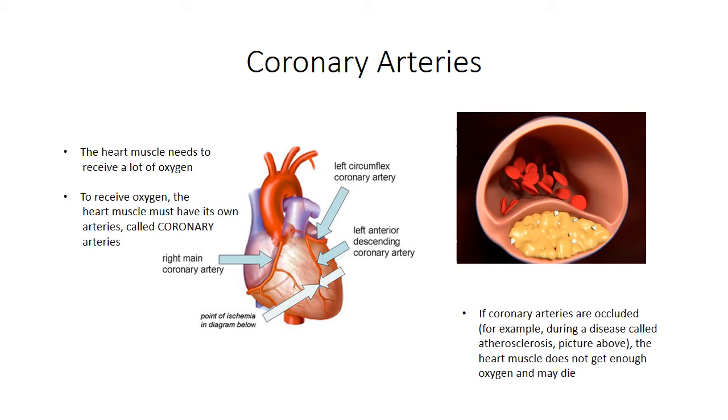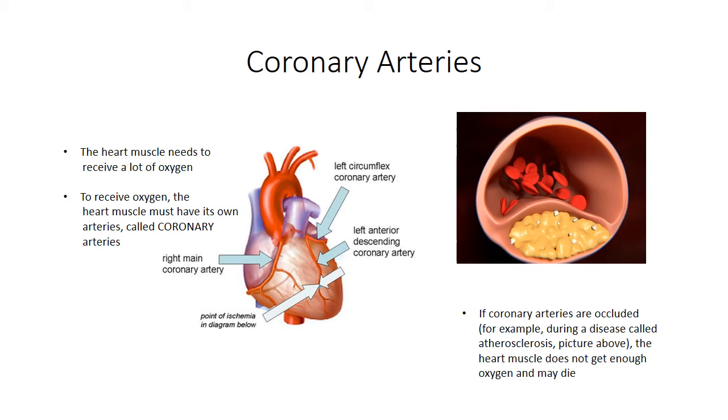The right part of this picture shows you an artery, and you see there is something wrong in this artery. What is this yellowish, whitish thing at the bottom of the picture? It's called atherosclerotic plaque, right?